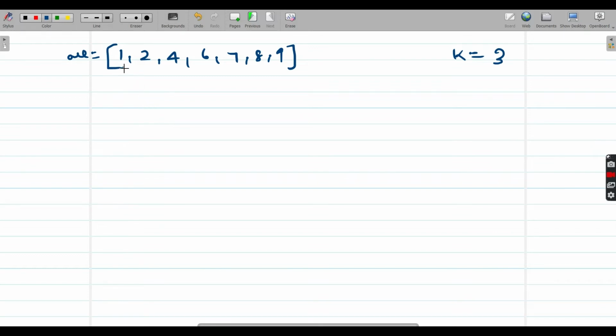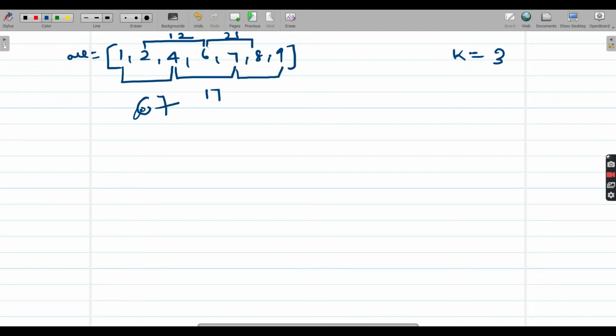Let's see. K is 3, so this is one subarray. What is the sum? 1 plus 2 plus 4, which is nothing but 7. Then this is one subarray, 2 plus 4 plus 6, which gives us 12. This is one more subarray, 4 plus 6 plus 7, 17. Then 6 plus 7 plus 8, 21.